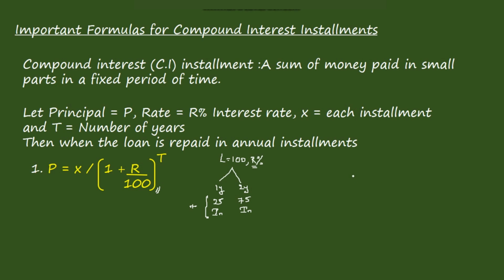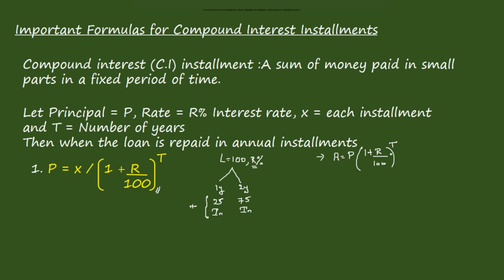In general, the bank gives the amount in the case of compound interest only. The general formula that we know for compound interest is: amount is equal to principal into 1 plus R by 100 whole power t.